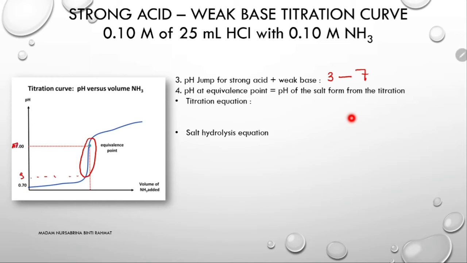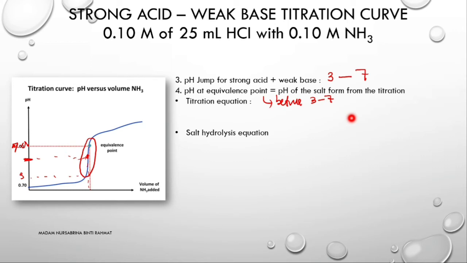If you draw it, this is 7, so the pH at the equivalence point is somewhere here, in between 3 and 7, because the pH of the salt formed from the reaction is acidic.